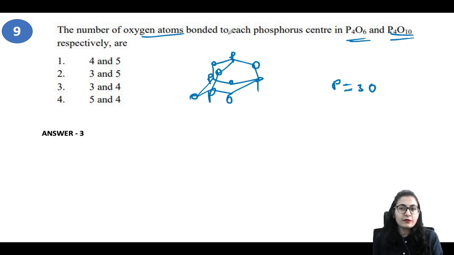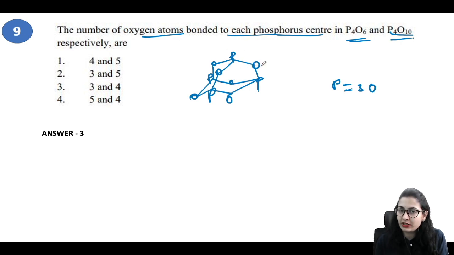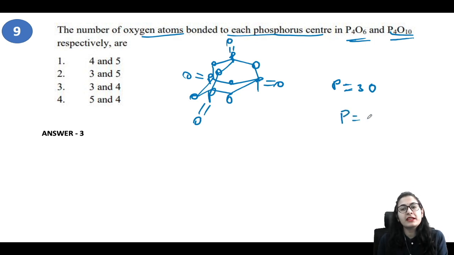Alright? Each phosphorus center in P4O6 is connected to 3 oxygen atoms. 1, 2, 3. ये अलग phosphorus है, so 1, 2, 3 again. Okay. Now for P4O10, we are just going to write double bonds on each phosphorus. So this is connected to one more oxygen. So P is connected to 4 oxygens in P4O10. So 3 and 4 is the answer.